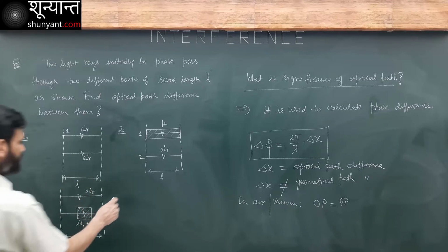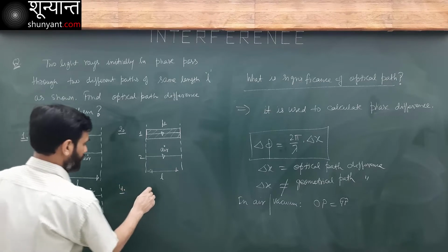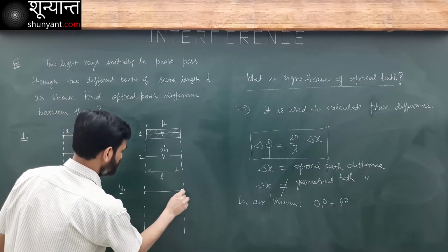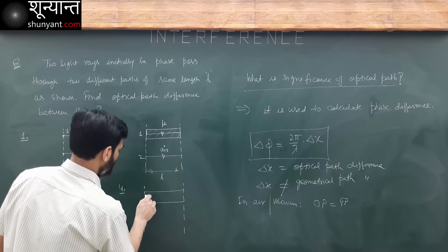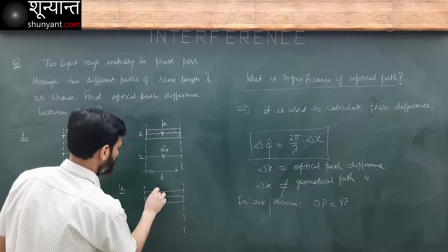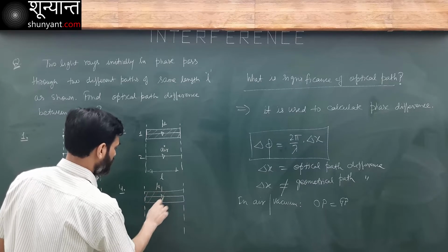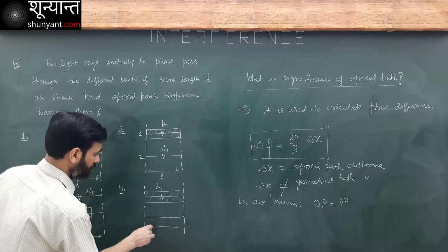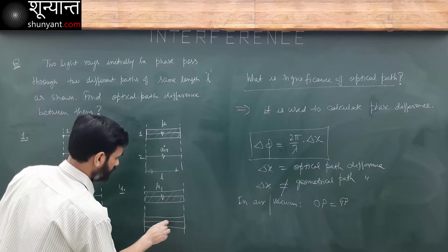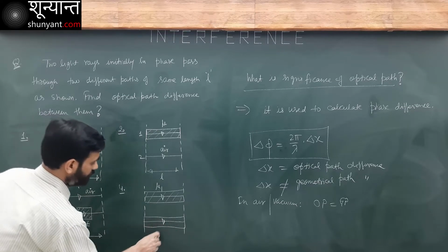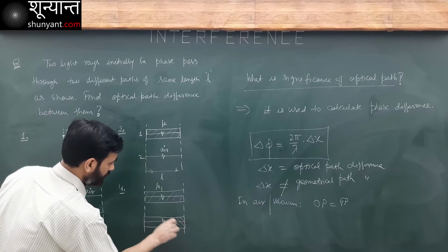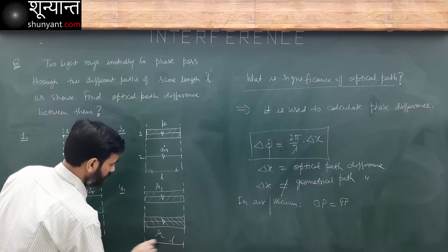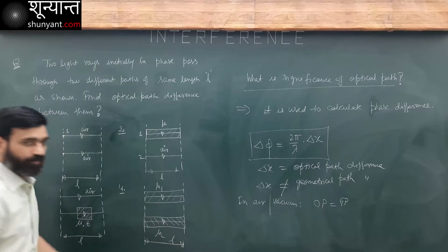Let's say one more problem here. This is one medium, mu1, and then there is one other medium here, mu2. The light is traveling the same distance, L, in both mediums.